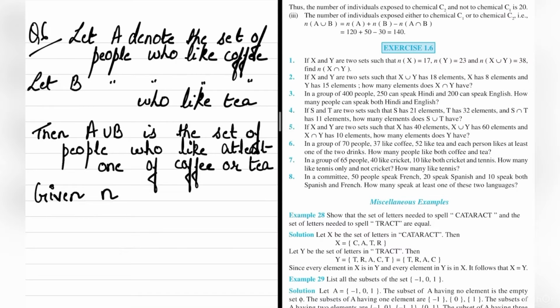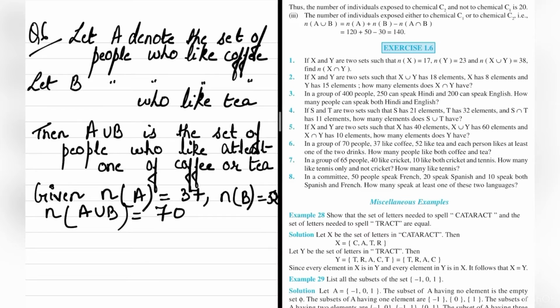So it is given n of A is equal to 37, n of B is equal to 52, and the union is equal to 70, because there is a group of 70 people and each person likes at least one of the two drinks. Okay, and you have to find n of A intersection B.